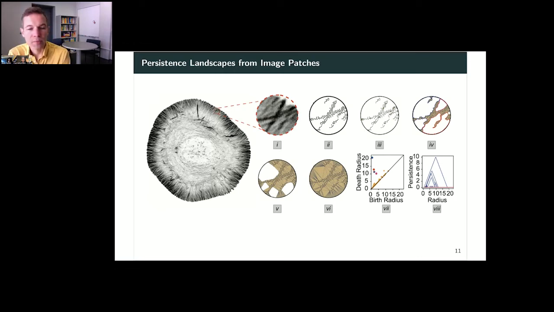Now, actually, we do something a little more sophisticated than the Čech complex construction. We do something called the Delaunay complex, also called the alpha complex. And this complex produces a persistence module that's isomorphic to the one produced by the Čech complex. So the persistent homology ends up being the same.